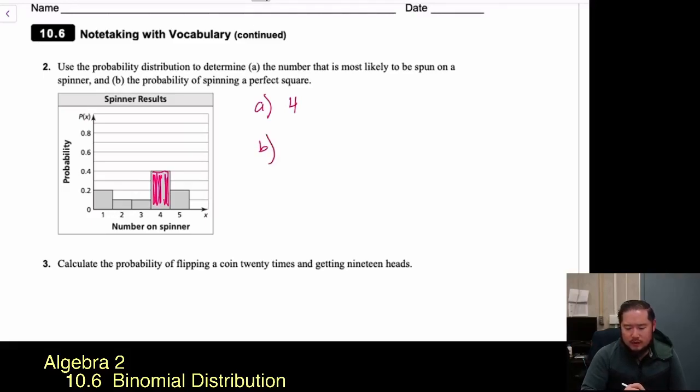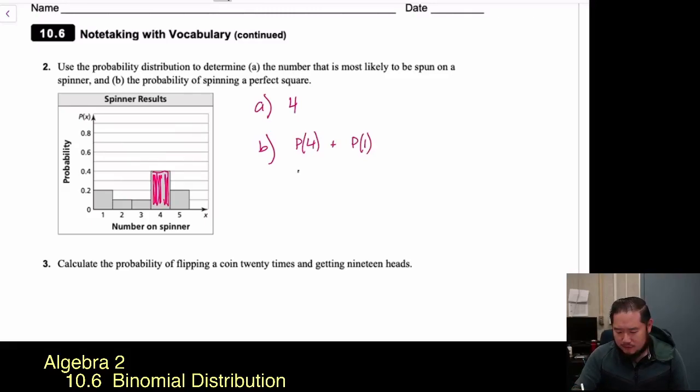Part B, what is the probability of spinning a perfect square? What are our perfect squares? If you can take the square root of a number and come up with a nice whole number, then that is a perfect square. One of them would be 4, and the other is 1. Let's add those two up.